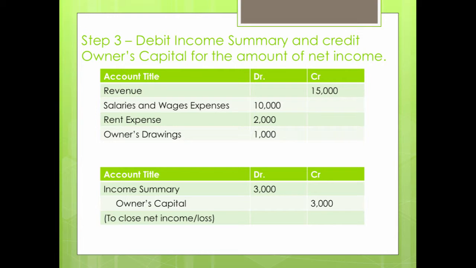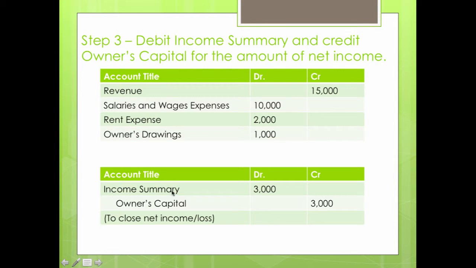Remember, net income is revenues minus expenses. We have revenues of $15,000, and we just determined that our expenses equal $12,000. So $15,000 minus $12,000 equals $3,000. And it's asking you to debit income summary and credit owner's capital for the amount of net income, which we just determined was $3,000.